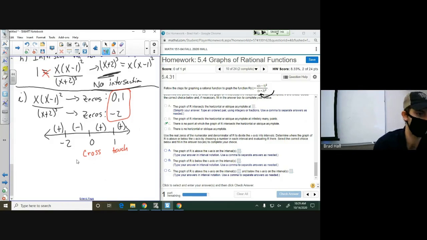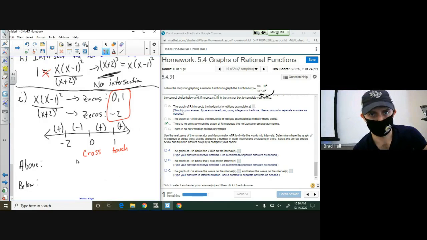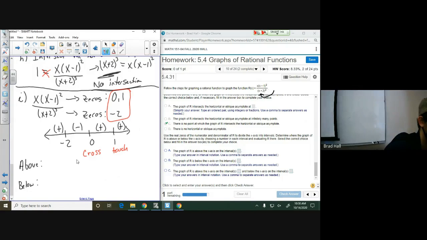So from here, we can denote the intervals above the x-axis and the ones below the x-axis simply by seeing which ones have positive signs and which ones have negative signs. So this first interval on the left here, its interval notation is -infinity to -2, and I'll use a comma. And then this is the next section with a plus sign.